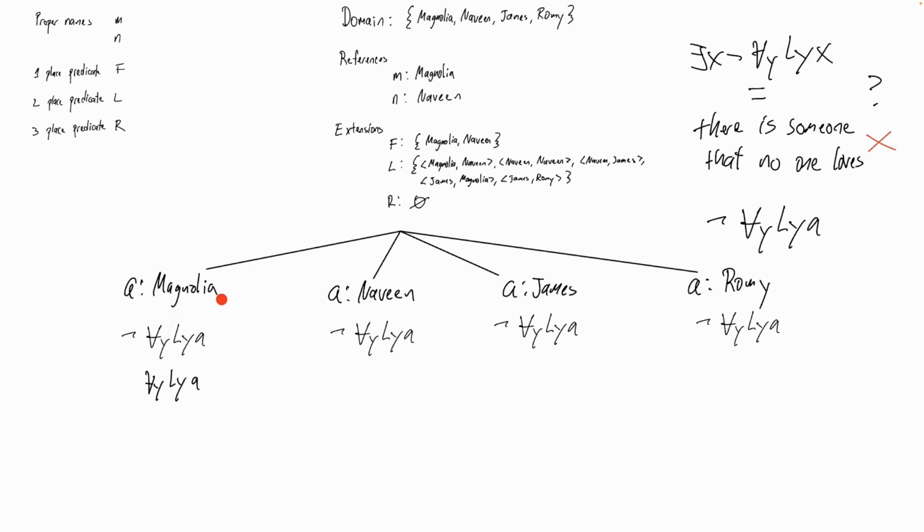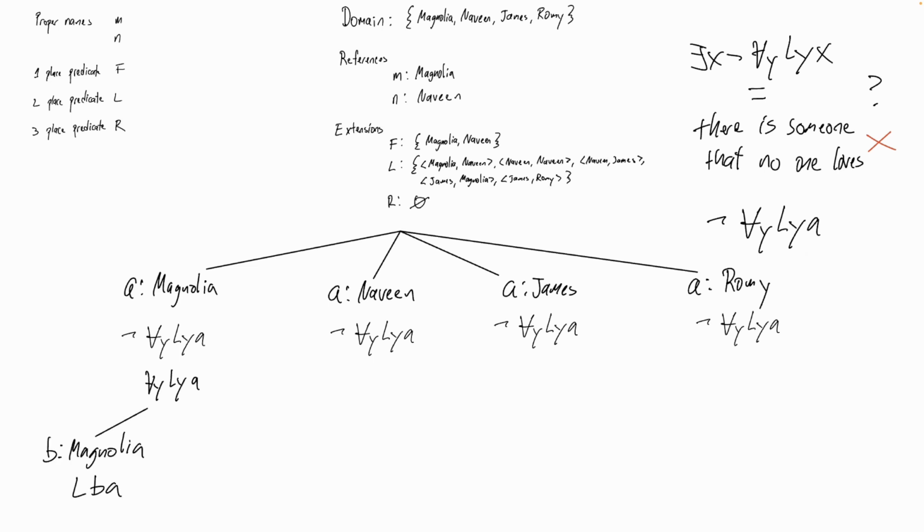To figure that out, we have to look at whether LBA is true on every way of expanding that valuation by further assigning a reference to B. So now suppose that we expand that valuation by letting B refer to Magnolia.